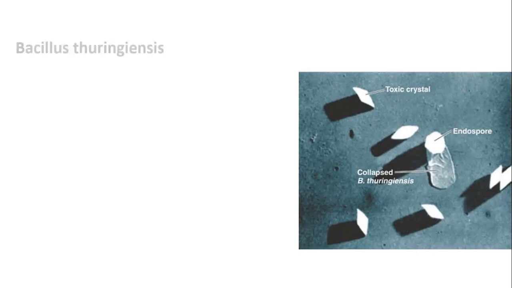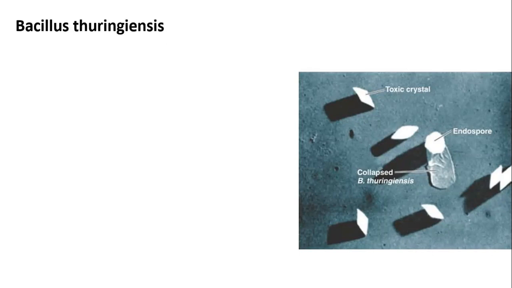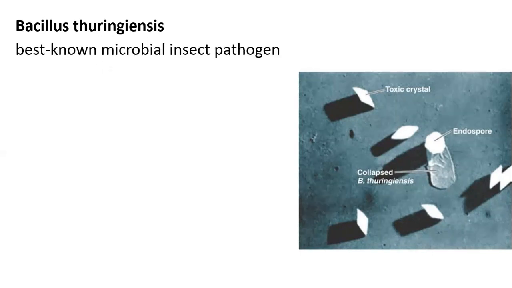As you can see, there are some other strains as well, and one of them is Bacillus thuringiensis. This strain is also important in that it produces toxins, also known as Bacillus thuringiensis toxins or Bt toxins, and it is an insect pathogen. It's the best known microbial insect pathogen.